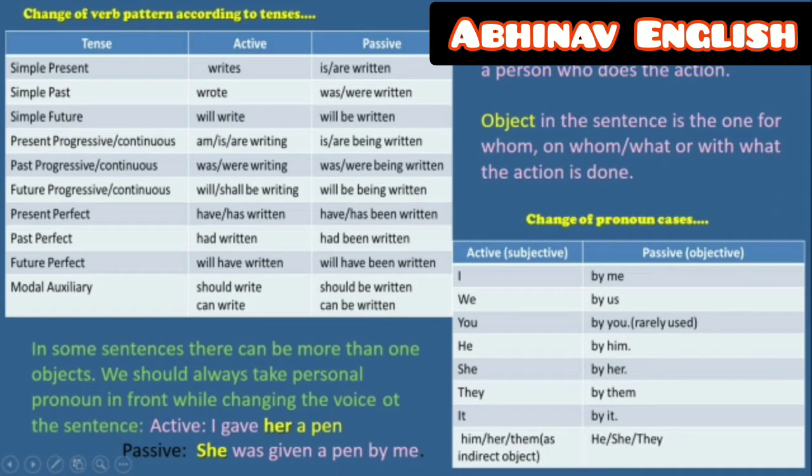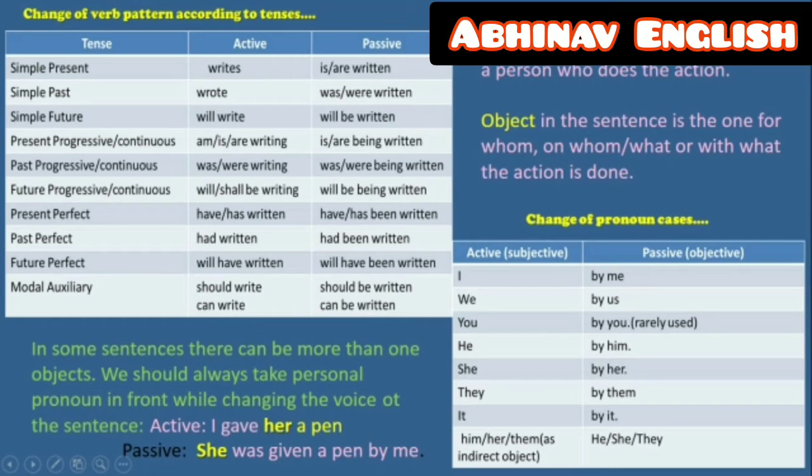So object is almost the same as subject, just it receives the action done by subject, or for the object the action is done, or with the object the action is done in the sentence.